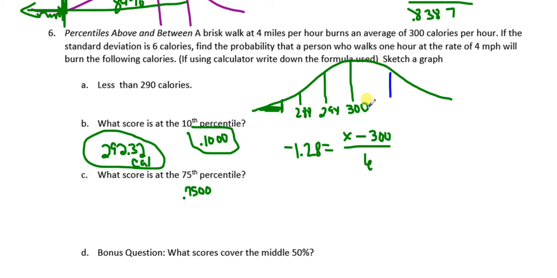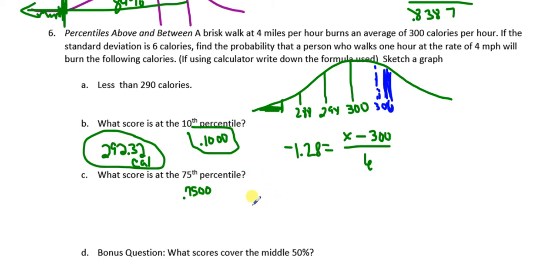At 1, we're going to be at 306. Actually, 306 is the 84th percentile, if you remember from that one sheet. So it's probably a little less, probably somewhere around 305. Guessing is probably not a bad idea. So I'm going to guess 304, 305, something like that.